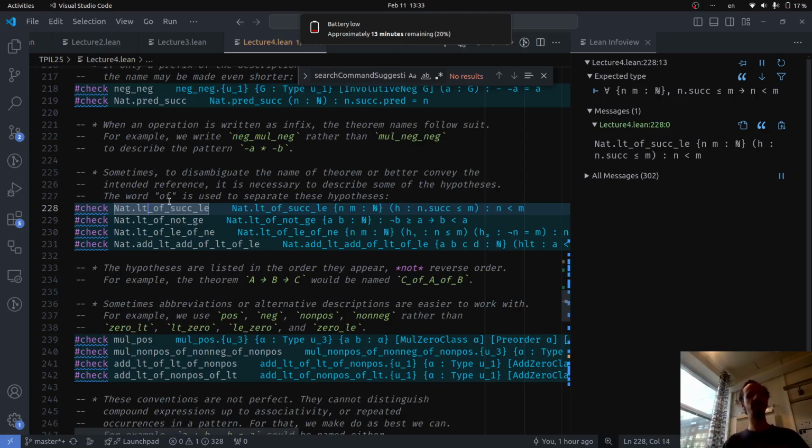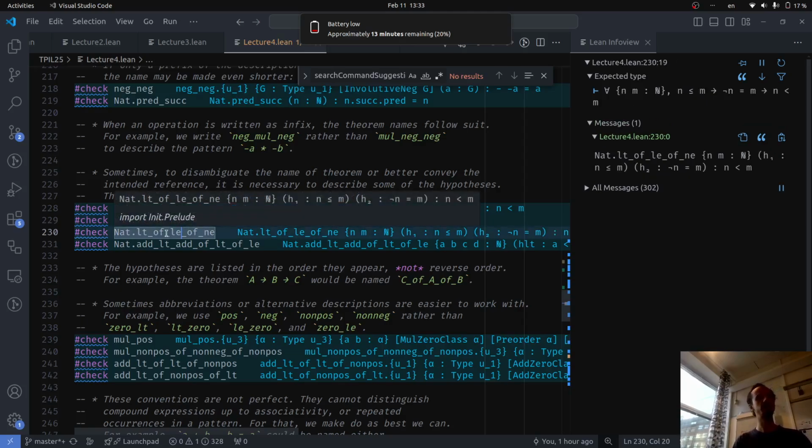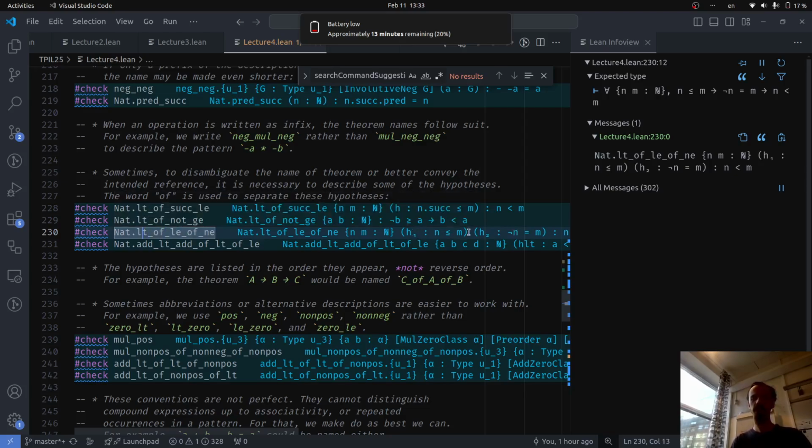So this is lt_of various conclusions. So lt_of_succ_le, or lt_of_not_ge, so greater or equal. Here's one which has two hypotheses, and notice the ordering here. So we have lt is the conclusion, and then le is the first hypothesis, and then ne is the second hypothesis.